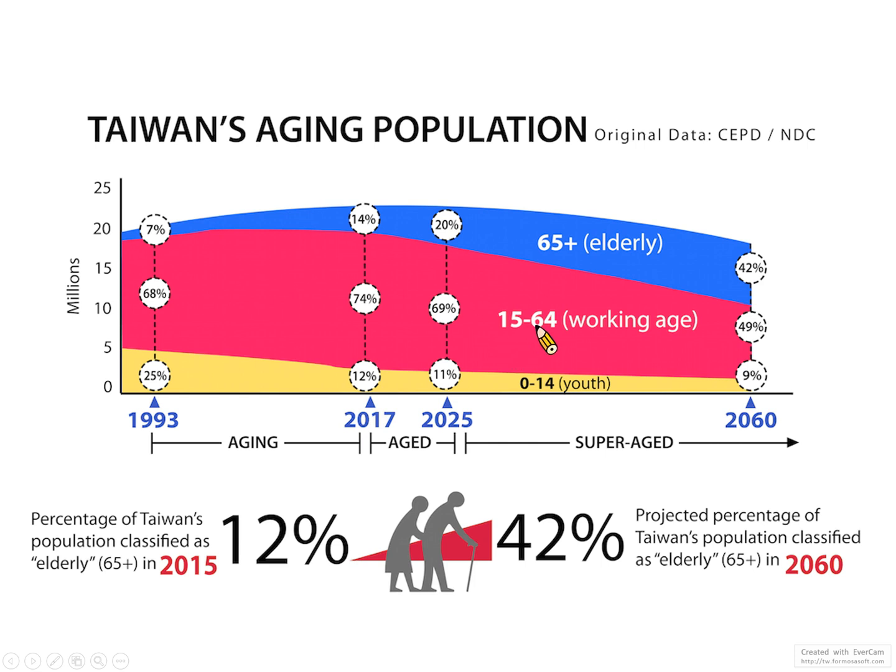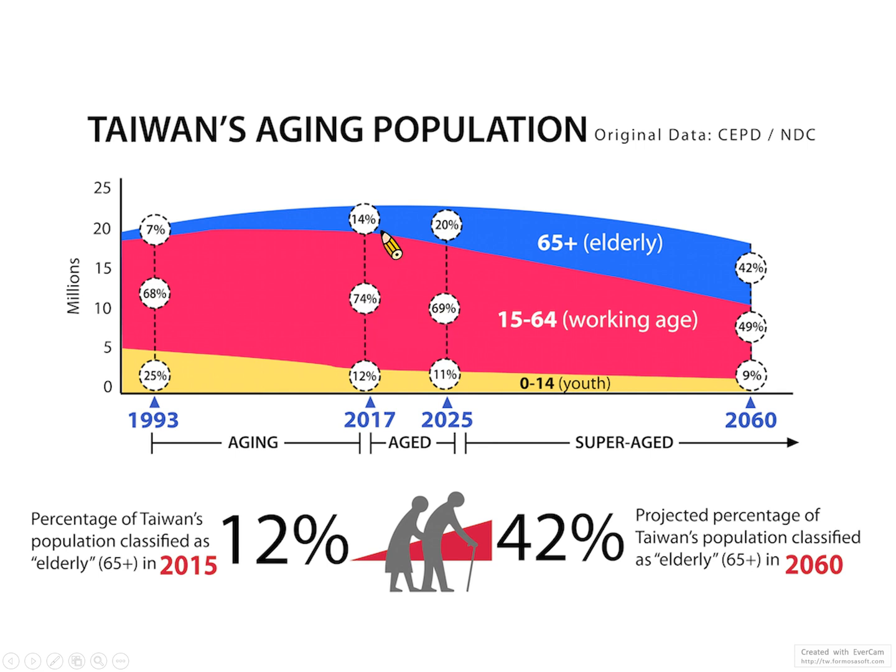This is an estimation of Taiwan's population structure. In 2017, the working age, defined as between age 15 and 64, which is the main workforce of the society, was about 74%.